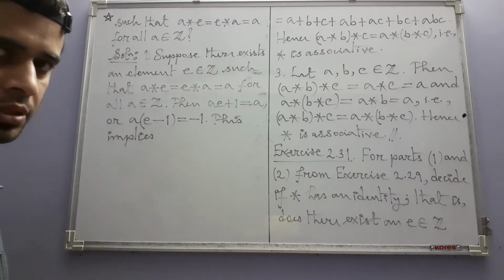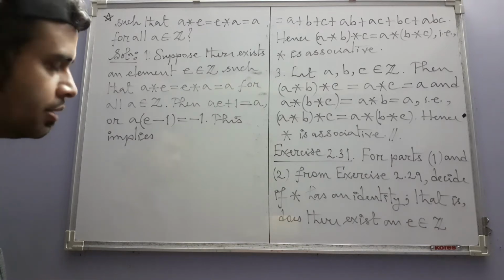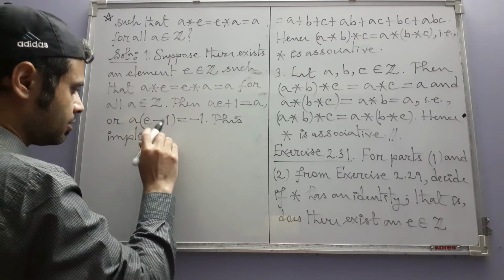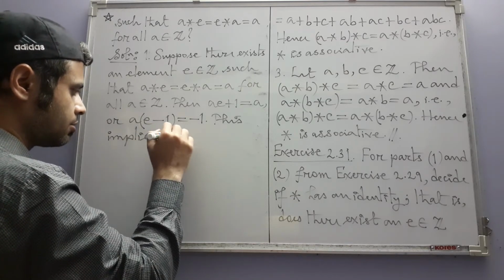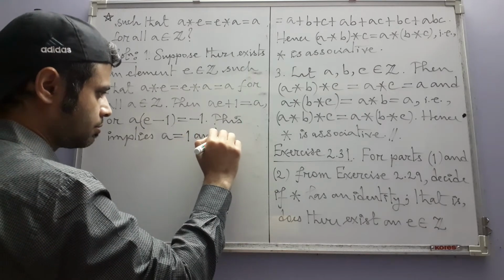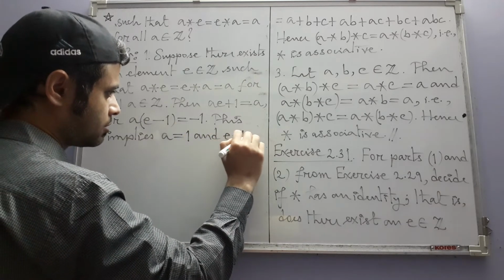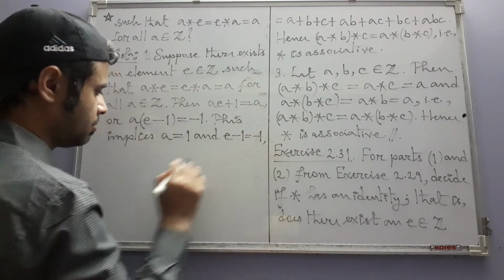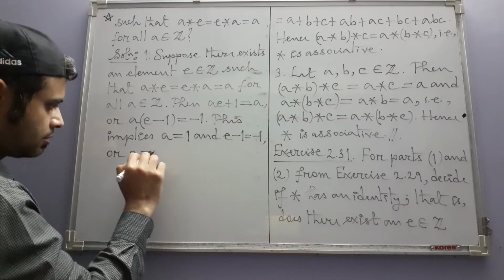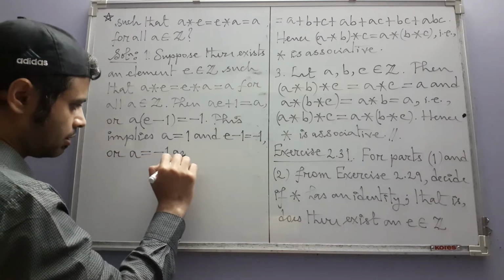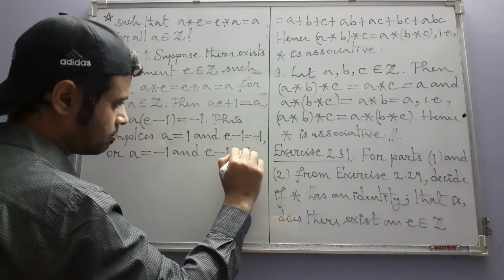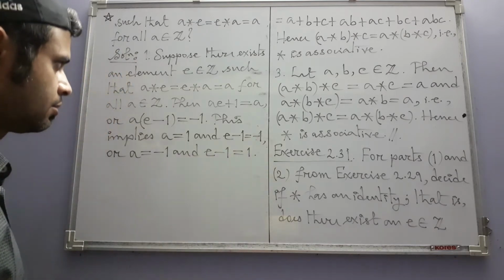That is the only possibility. There is no other possibility. This implies that a is equal to 1 and e minus 1 is equal to -1, or a is equal to -1 and e minus 1 is equal to 1.